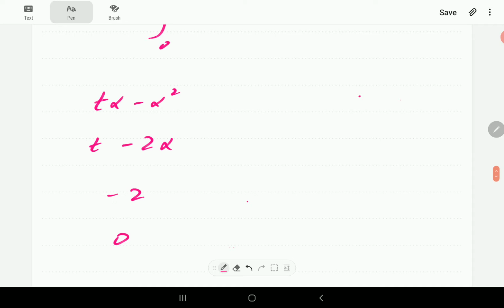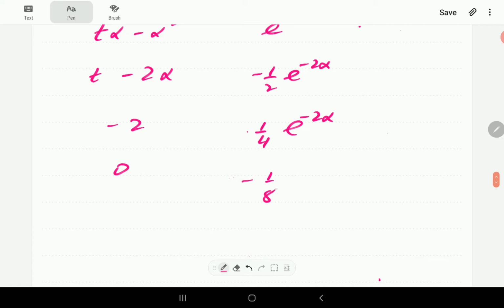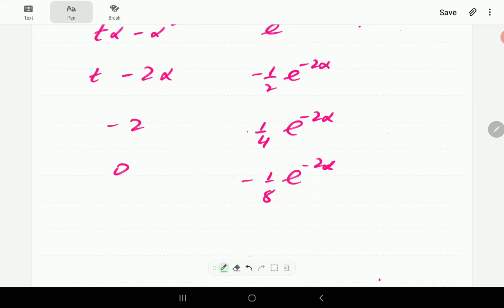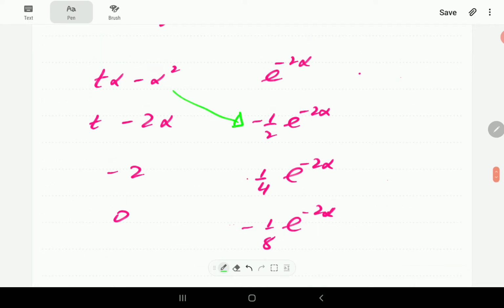And then in the other column, we're going to have this one and its integrals. So that's going to be minus 1 over 2, then 1 over 4, then minus 1 over 8. And then we're going to match these accordingly. So the first two will be plus, the next two will be minus, and the last two will be plus.